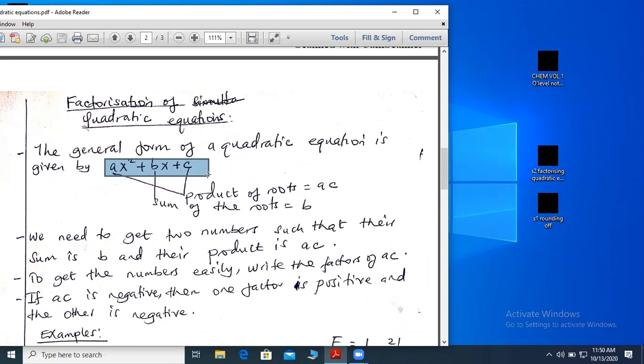When we tell you to factorize the quadratic equation, you first get two numbers. Those numbers, we call them factors.